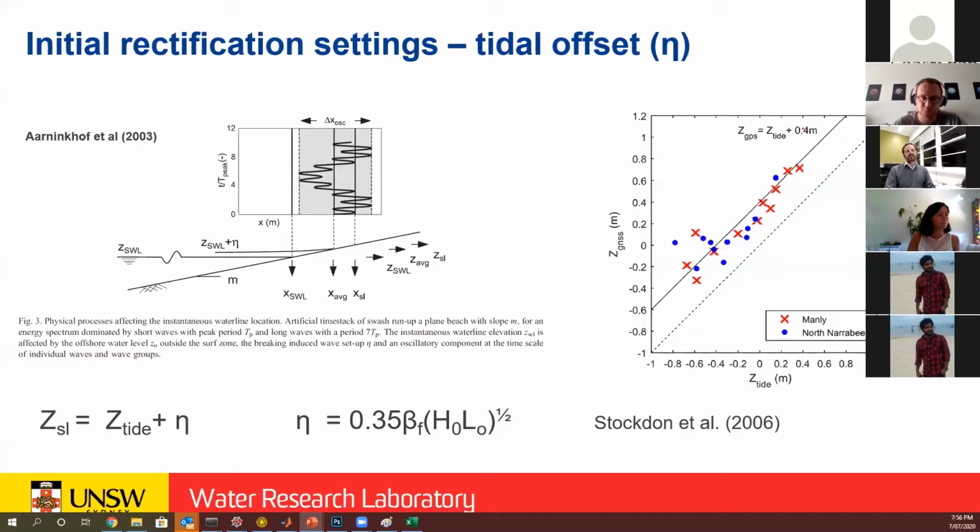And we found it to be 0.44 meters as our offset, what the algorithm was picking. Now, that actually corresponds very well with the typical wave setup that you get at the shoreline if you calculate it using a formula like Stockton.